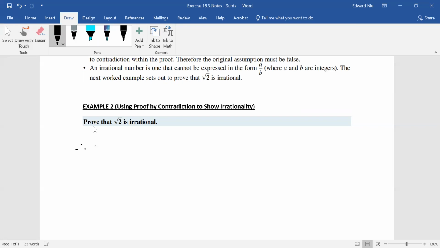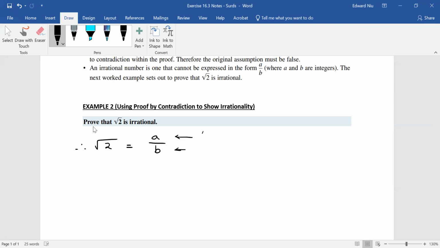So we say square root 2 is a rational number, and we all know rational numbers are a ratio of whole numbers. For example, any number divided by any number. That's a and b where they're whole numbers, in other words, integers.